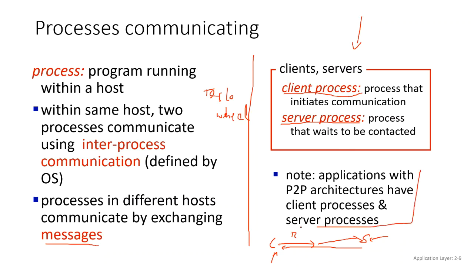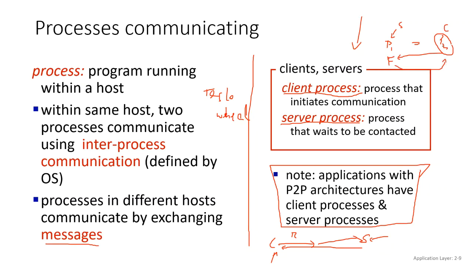Peer-to-peer applications also have some sort of client-server processes depending on what does what. Remember that peer one is equal to peer two in terms of their structure. Those are computers. If there's a file here and peer two wants this file, then this computer becomes a server and this one becomes a client. And the other way around also works.